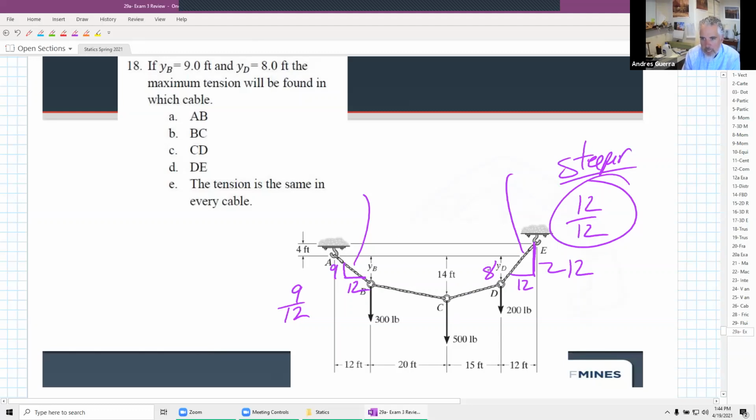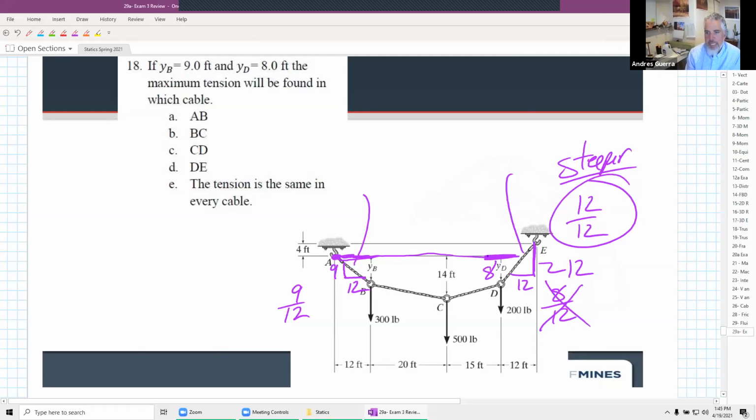And watch out on these cable problems. Just the nature of these problems is that sometimes things are measured to the lower support and not to the top support. So watch your dimensions to make sure you didn't call this one an 8-12, because that is not the correct slope. It's a 12-12.